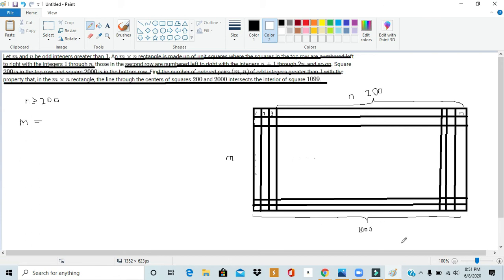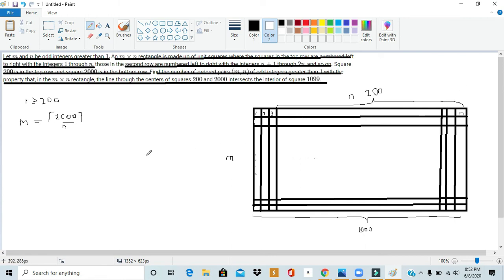But since we know that 2000 lies in the final row of this m by n rectangle, 2000 must be between n times m minus 1 and n times m.